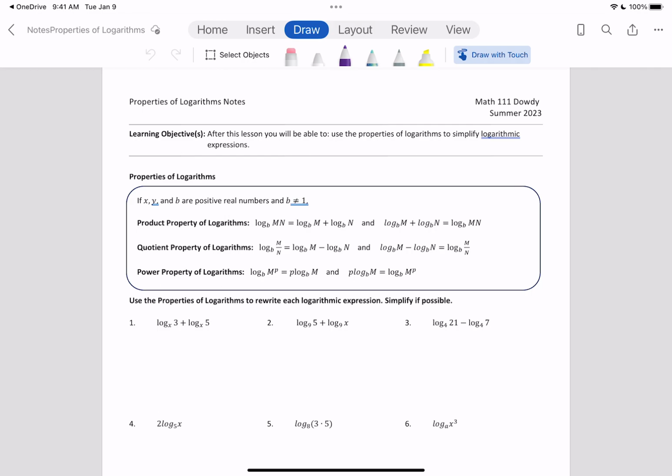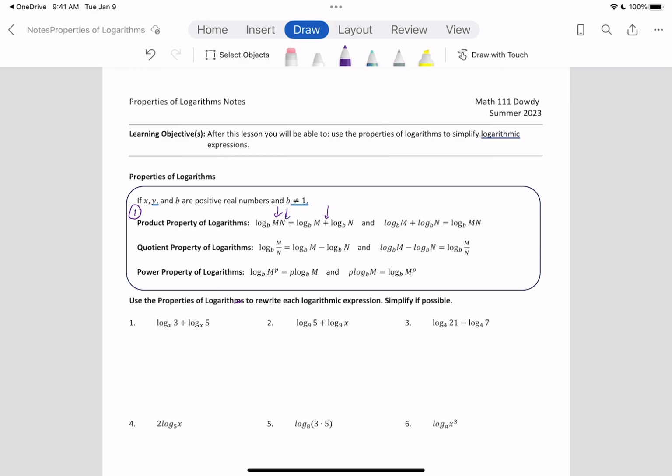So the first one that we're going to look at is the product property of logarithms. And it says if I have log base b of something m times n, that I can rewrite that as log base b of the first thing plus log base b of the second thing.